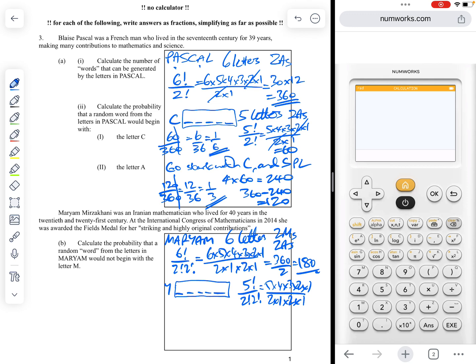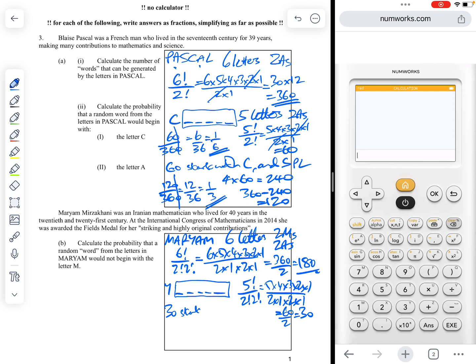So really it's the same as above, but divided by 2. So above we had 60. So now we're going to have 60 over 2, which is 30. 30 of the words start with R.